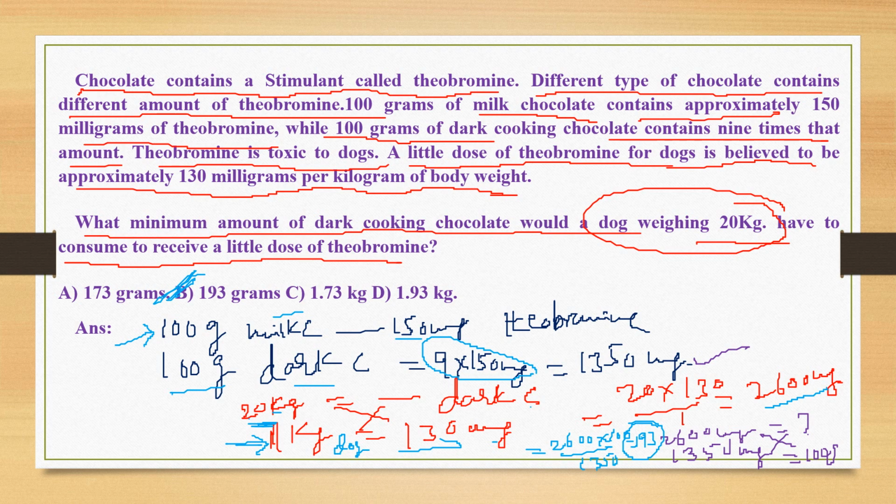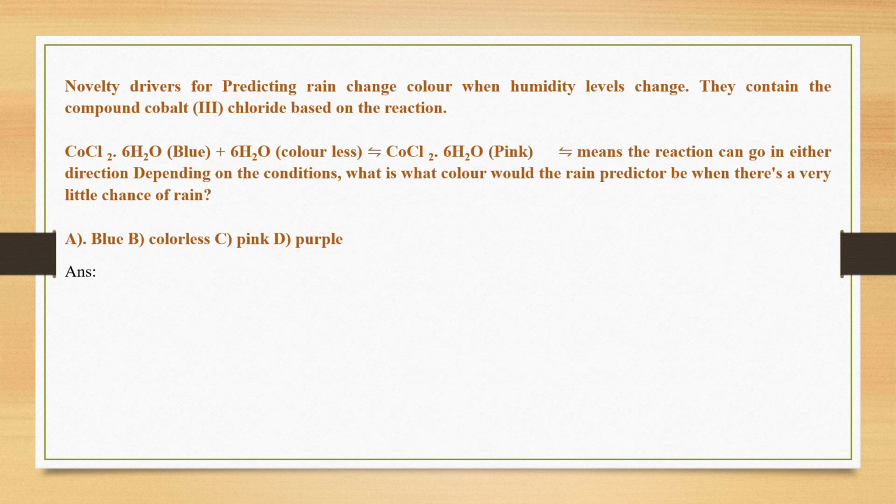So 1350 milligrams gives 100 grams, and 2600 milligrams gives how much? Finally you calculated 193 grams of dark cooking chocolate, not milk chocolate. So we'll get B as the right answer. Please go through the question carefully and solve it.